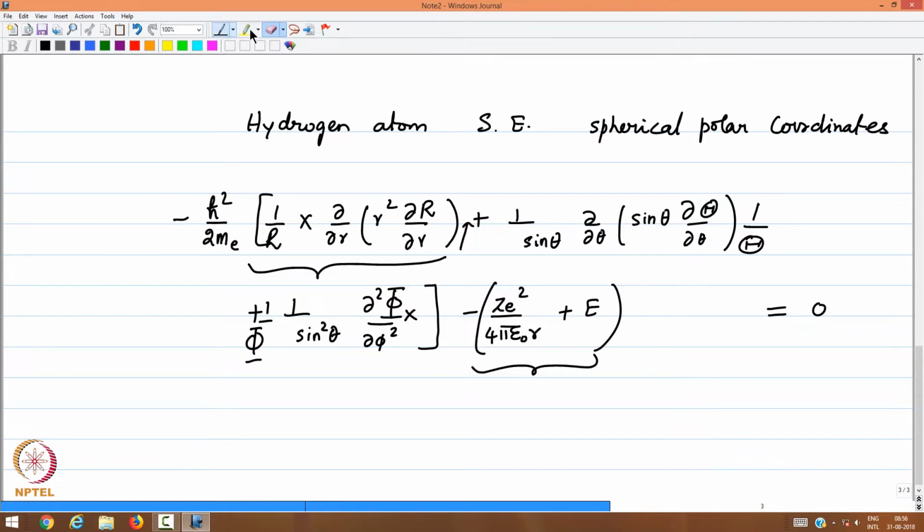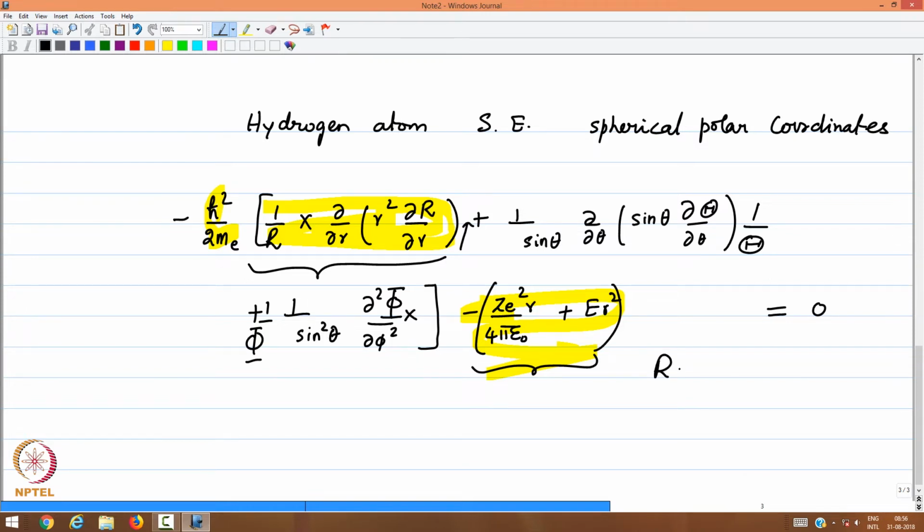But then you have to multiply the rest by r square. So, you have an r square here, and you have an r here, the d square R. So, now you can identify the radial equation as the terms containing these multiplied by this constant, and the terms containing these as the radial equation.